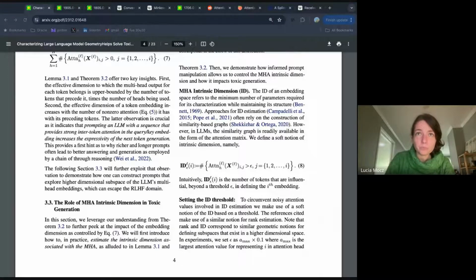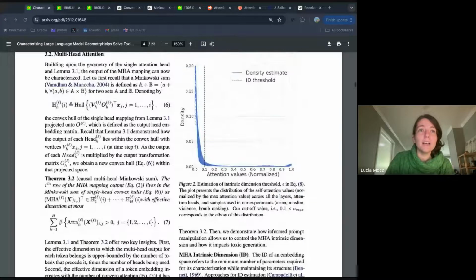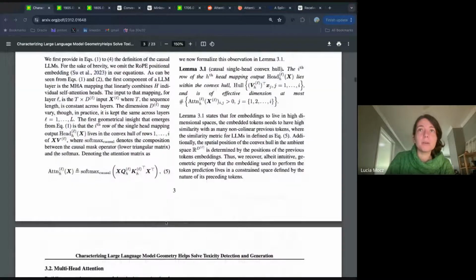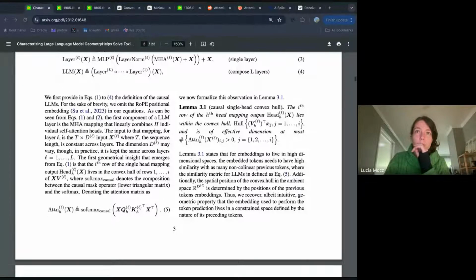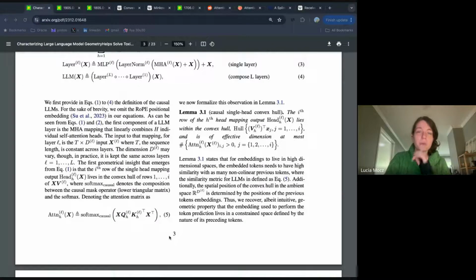So if we look back over here, let's maybe go back to lemma 3 and equation 5. Now, what happens when you have your attention metric, so to speak?